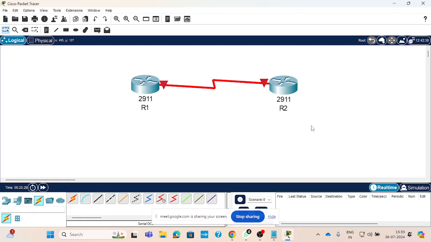No, there you have synchronous, asynchronous, isochronous. This part is a little more about electronics, so I think Madam will be better to explain that. Anyway, I'm just leaving that part.